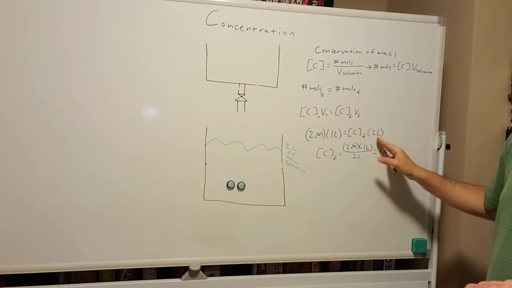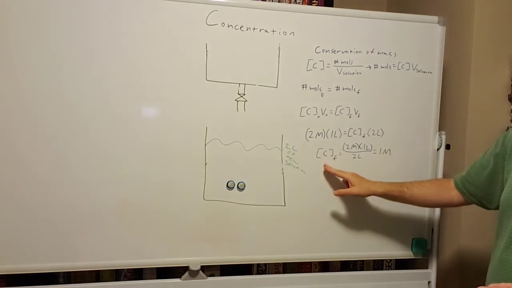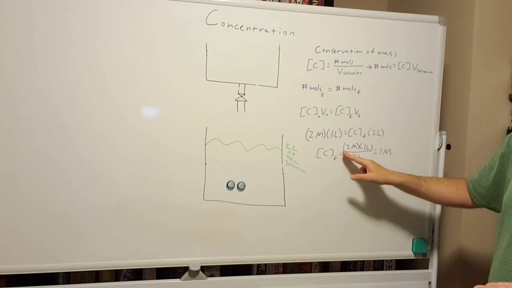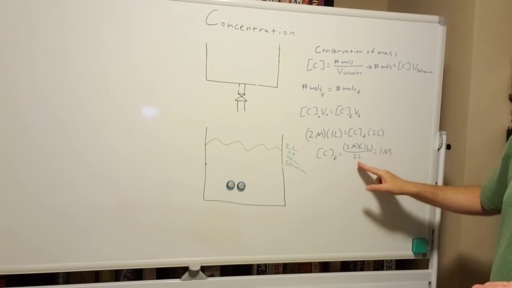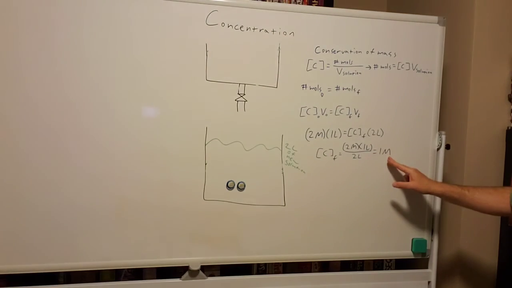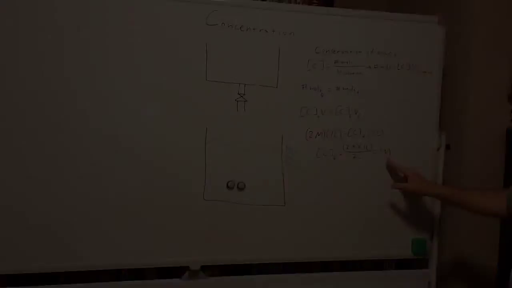Dividing both sides by the 2 liters, I have the concentration final is equal to 2 molar times 1 liter divided by 2 liters. The liters cancel out, 2's cancel out, and we end up with a 1 molar solution.